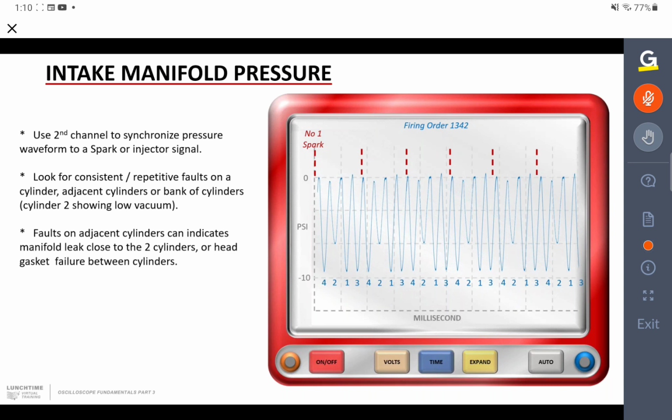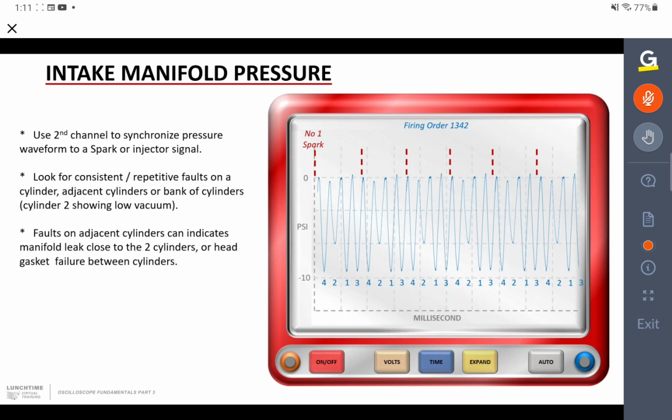And if we ran the engine for a few seconds, froze the waveform, and we saw this repetitive weak vacuum on a cylinder, that happens to be number 2 again here, we can certainly guarantee that number 2 is giving us the problem, could be causing a misfire because we've got a very weak vacuum. Here's a good vacuum down low here, and there's a bad vacuum there. So you can do this comparison of all the cylinders. It happens to be number 2 in each case here, so we know we've got a problem with number 2.